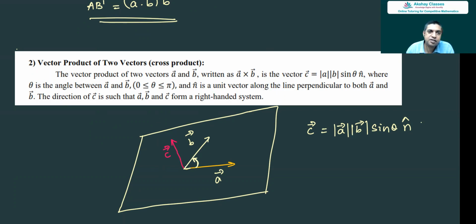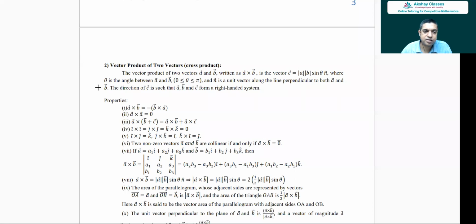So n cap is in this direction. So the magnitude of C is this, multiplied by a unit vector. That is how the cross product is defined.